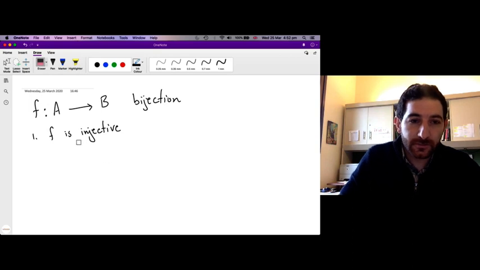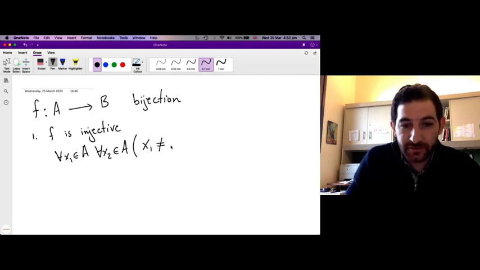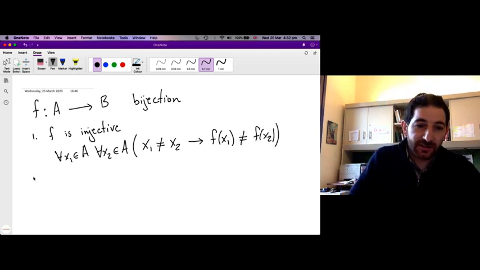For every x1 in the domain A, for every x2 in the domain again, if x1 is different from x2, then the function sends them to different images. Then f of x1 is not equal to f of x2. So this is injectivity.